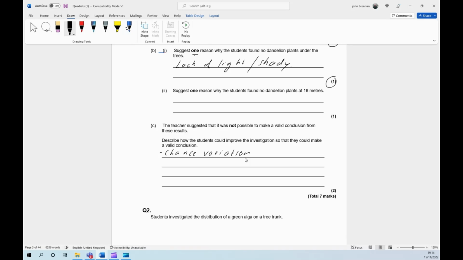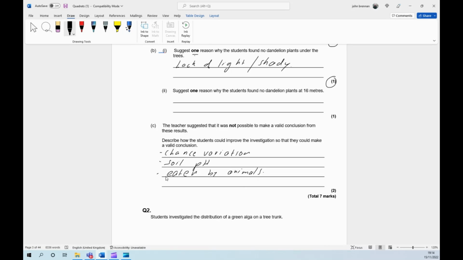It could also be that the soil pH in that particular spot was wrong, or it could be that it had been eaten, quite possibly by things like rabbits, so eaten by animals.